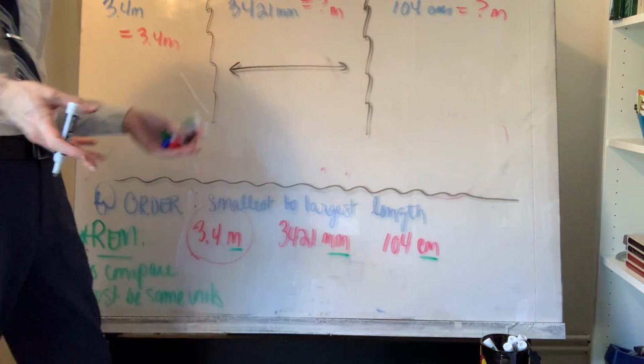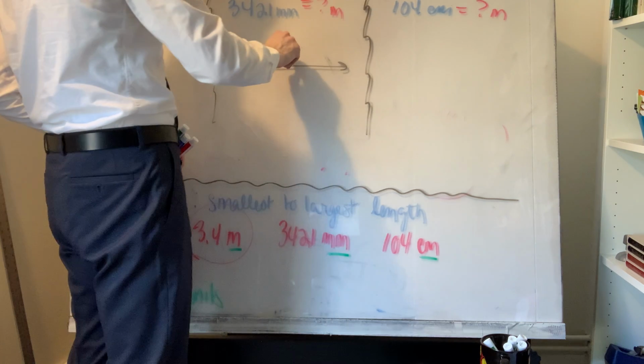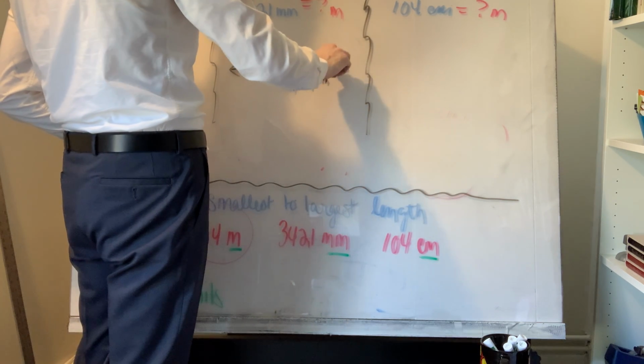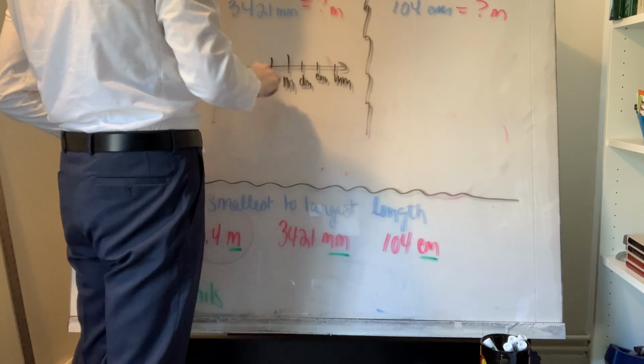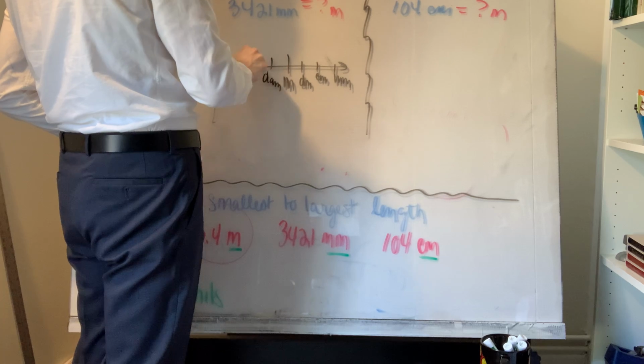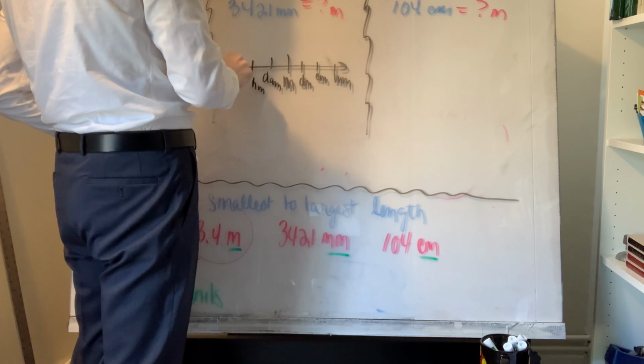Again, if you're not familiar, draw the scale. A meter would be in the middle, then decimeter, centimeter, millimeter, and decameter, hectometer, and kilometer would be here.